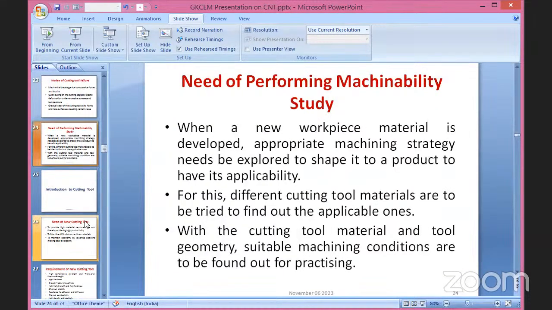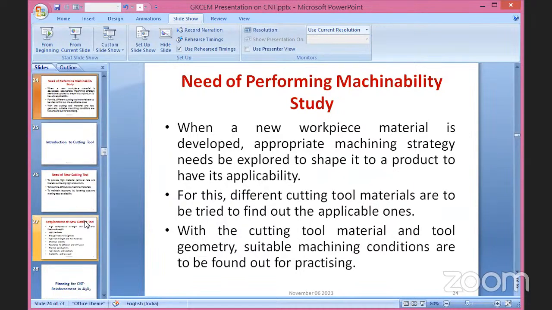Now, whenever we are going into machining and cutting tool development, you should also know very clearly the basic need of performing a machinability study. Mind that machinability study is not new. Decades back, people were doing this study of machinability, and it is required particularly when a new workpiece material is developed.